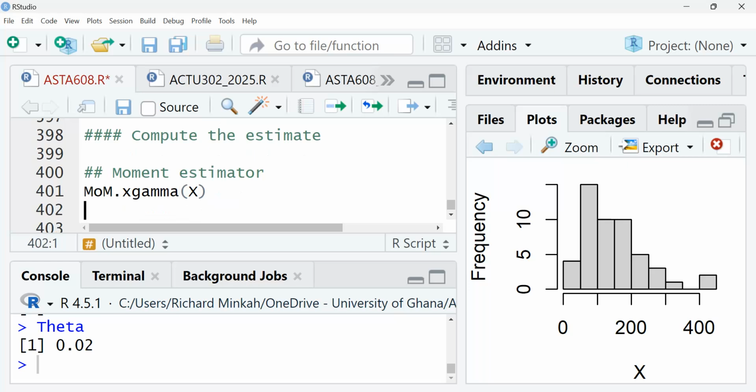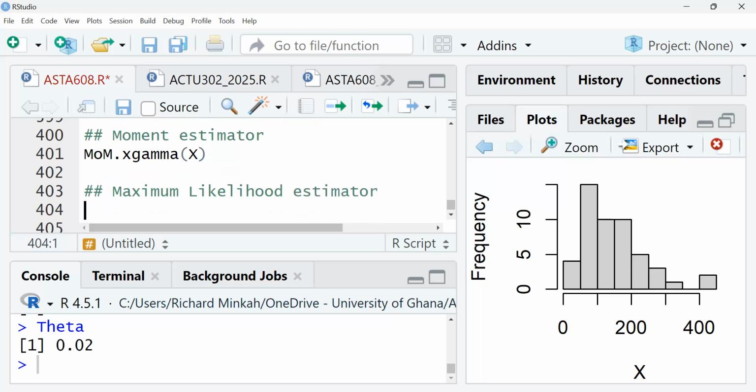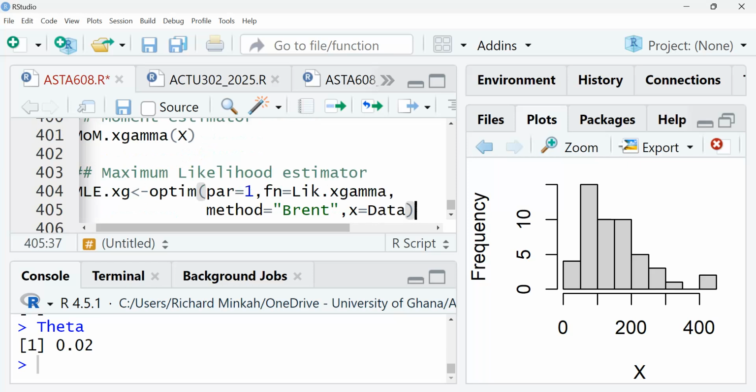Then we're going to find the maximum likelihood. You see, we've written all the functions up there. So obtain, but this x will be equal to x. Is that okay?